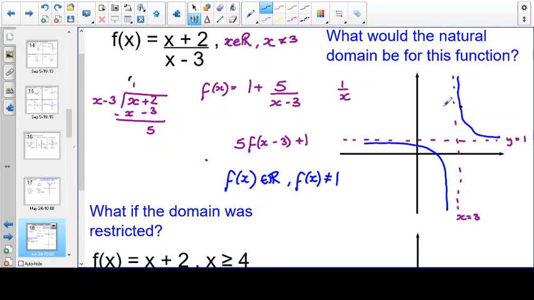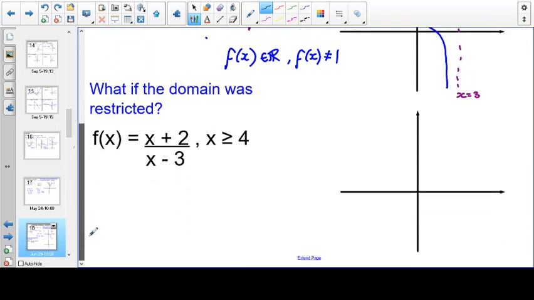And then as x gets bigger, so that's the point (4, 6), as x gets bigger, then it's just going to be that bit of graph there. So actually, we only need a little tiny bit of graph like that.